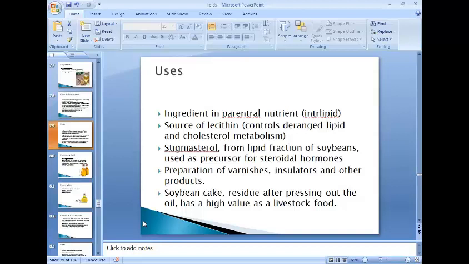It is also used for the preparation of disinfectants, insulators, and other related products. Soybean cake is obtained after the removal of oil, which is used as livestock food.